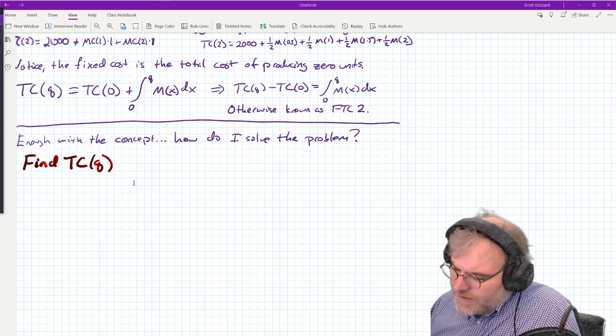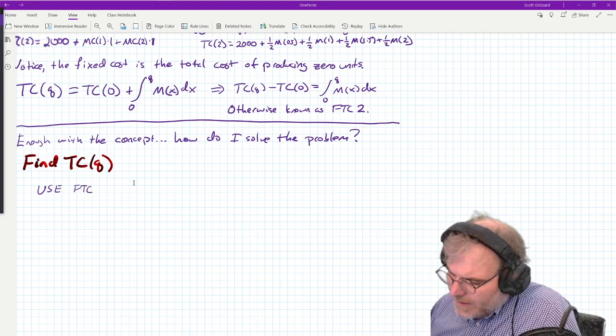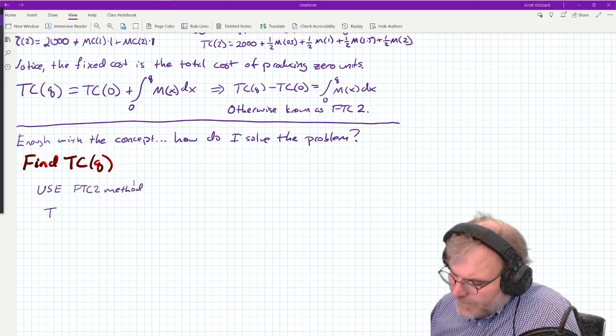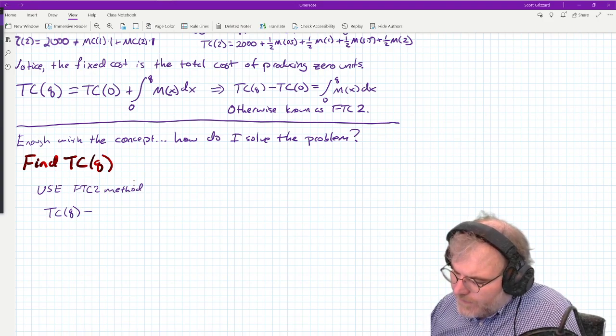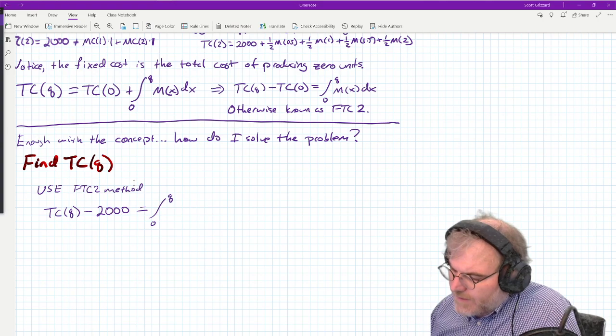But let's use the other one. Okay. So what have I got? Well, I got total cost of Q minus the total cost of producing 0 equals the integral from 0 to Q of the marginal cost dx. And the marginal cost is 200 times x plus 9 to the negative 1/5.